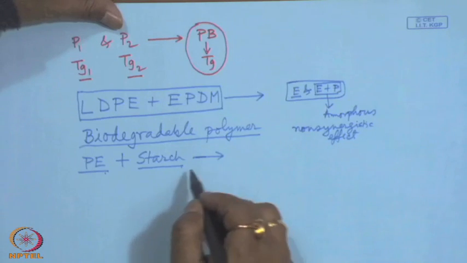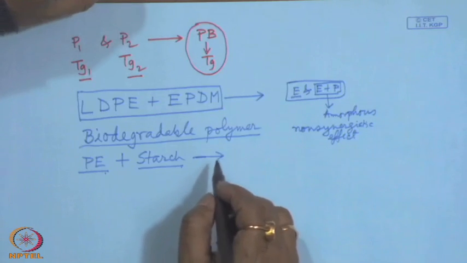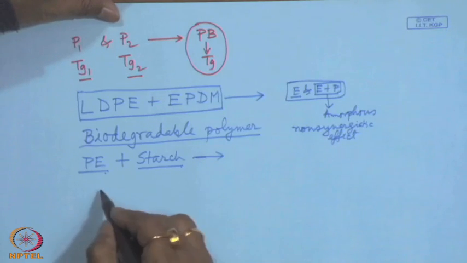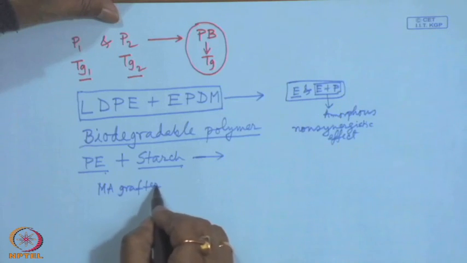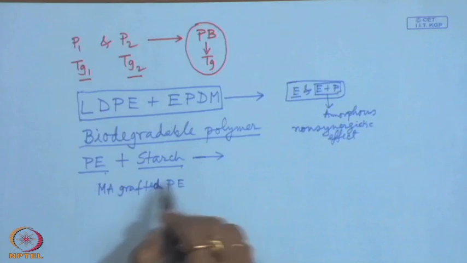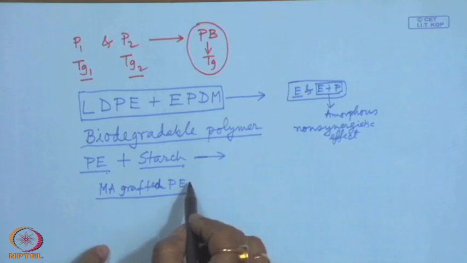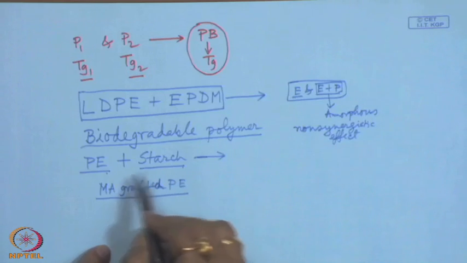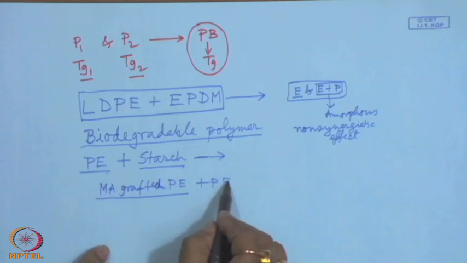In order to improve their compatibility, people used maleic anhydride grafted polyethylene as the compatibilizer for polyethylene and starch.